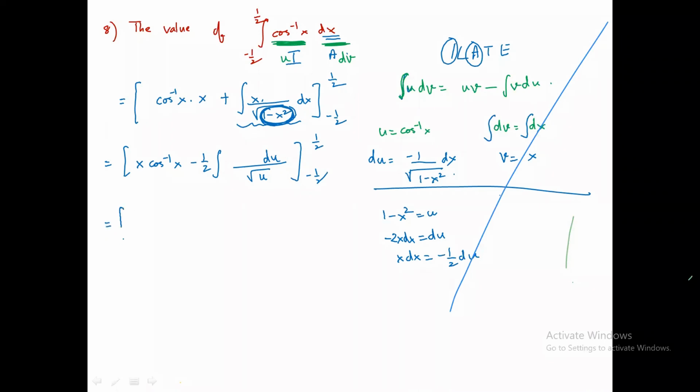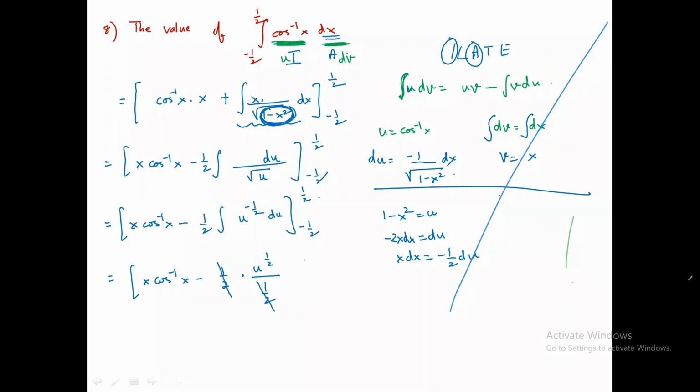Now I have x cos inverse x minus 1 by 2 u power minus half du. The bounds are minus 1 by 2 and 1 by 2. So x cos inverse x minus 1 by 2 u power minus half plus 1, divided by half.